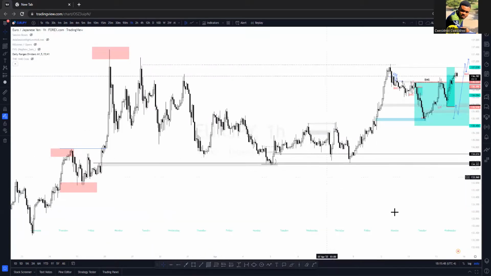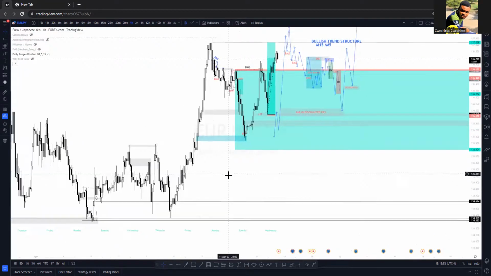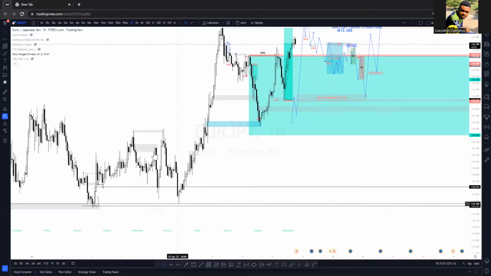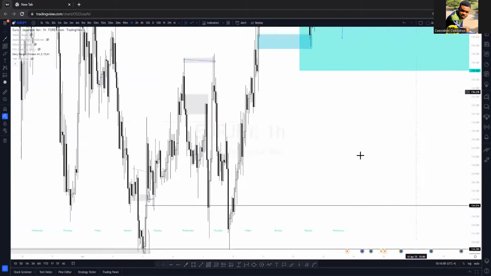So that's it for this. Then look at what happened here. Price came back to retest this zone afterwards, taking out this high, right? After taking out this high, price then came down.